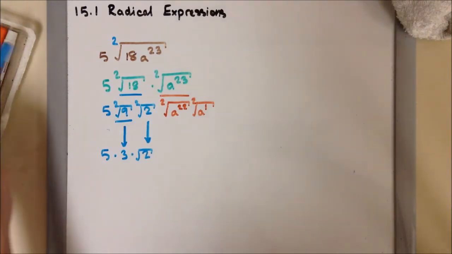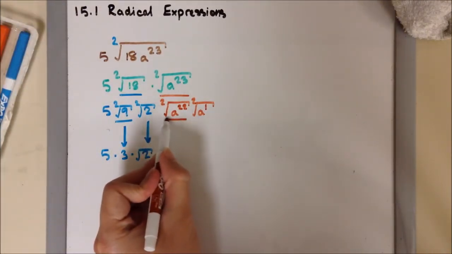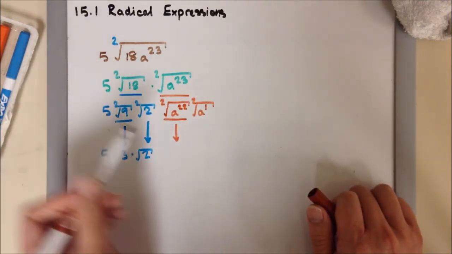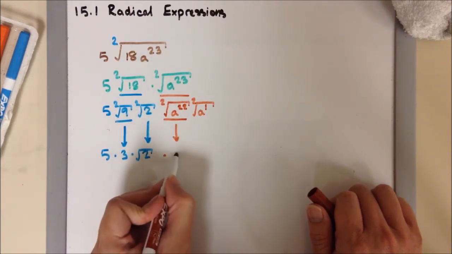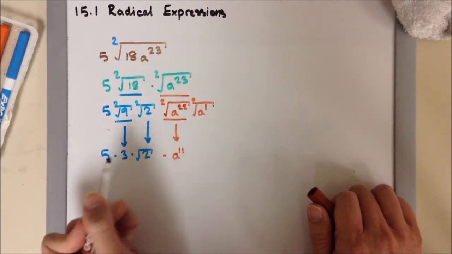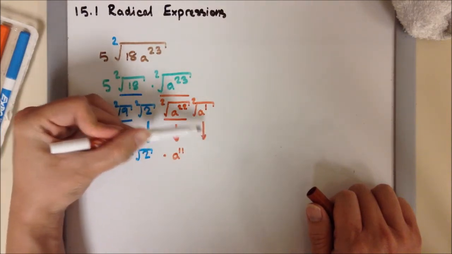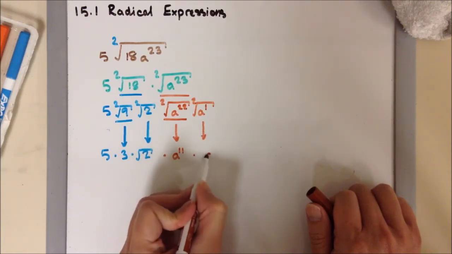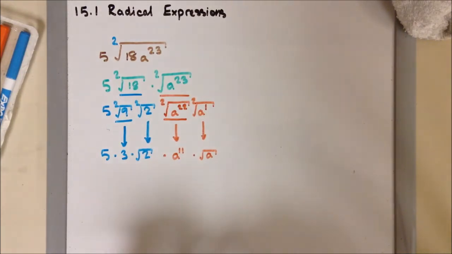Now for the variable part, I can do the square root of a to the 22nd power, because 2 can go into 22 11 times. So I'm going to have a to the 11th power. 2 cannot go into the 1 power, so I'm just going to bring down the square root of a. Just like that.